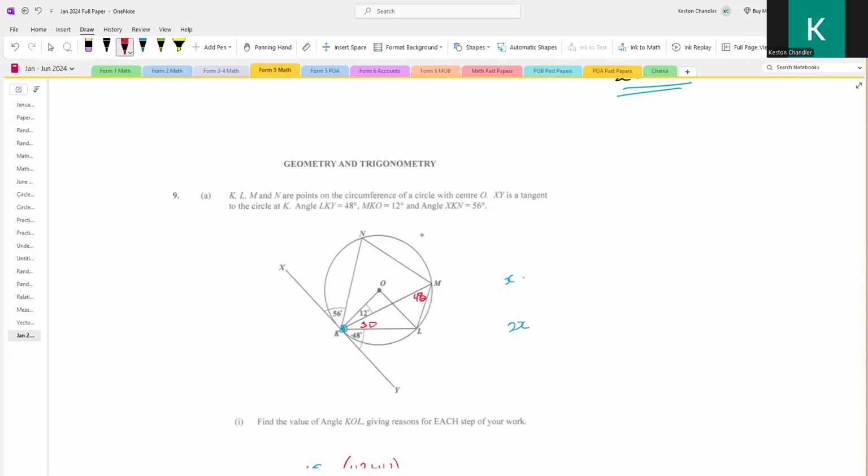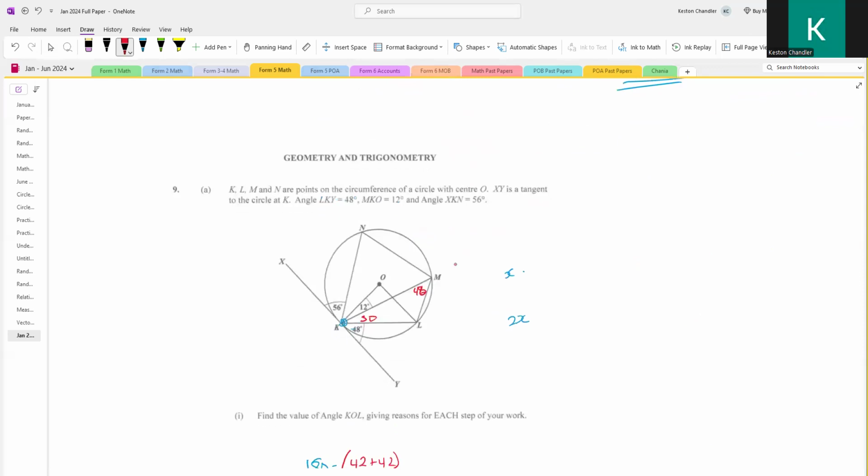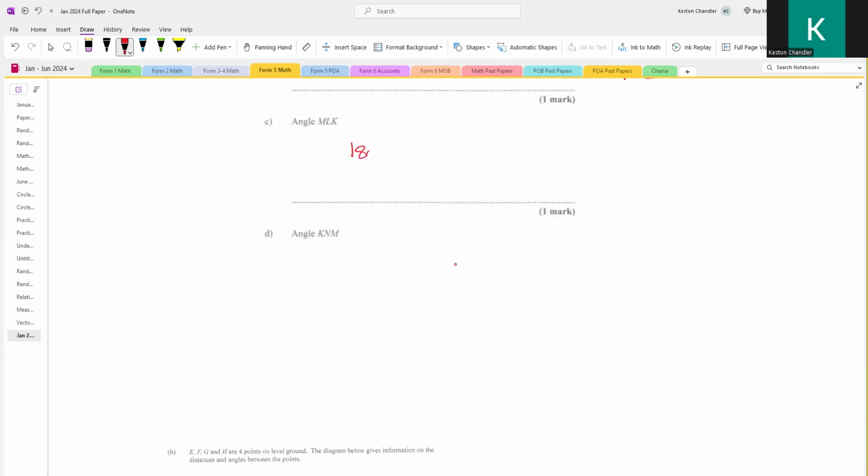So this one at the bottom is going to be 180 minus 30 plus 48. So that's 180 minus 78. Yeah? 102.